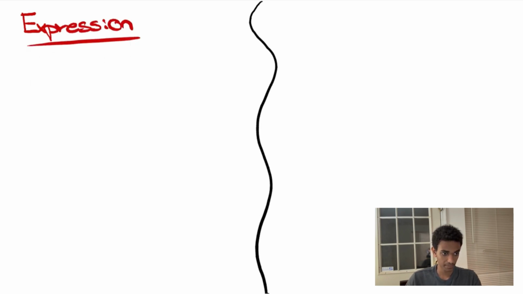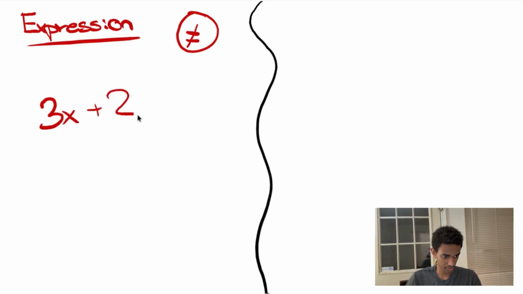First things first, what is an expression and what is an equation? An expression, simply put, is a mathematical statement without an equal sign. So equal sign not allowed. So that's things like 3x plus 2, 3w minus 4y, things like that.